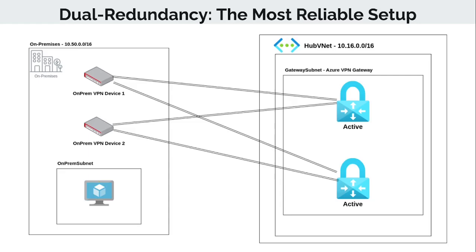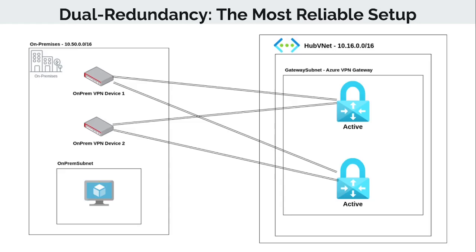Active active mode, on the other hand, provides much higher availability with seamless failover. It's ideal for production environments where minimal downtime is a requirement, such as financial services, e-commerce, or any other application requiring constant connectivity.